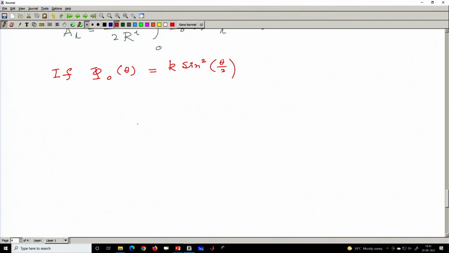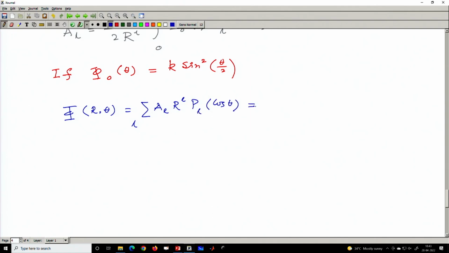Then what is my phi? The general solution is there, right. So, phi r theta, that is, the sum over L going from 0 to infinity, A L r to the power L P L cos theta.